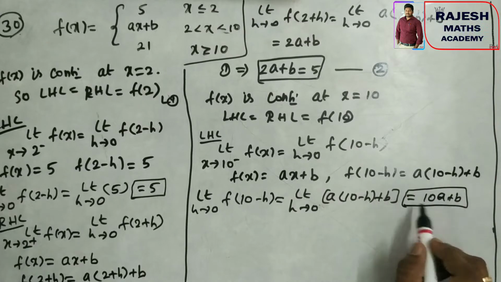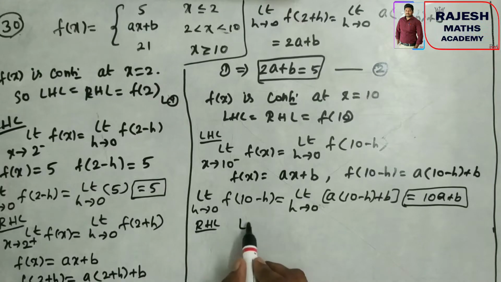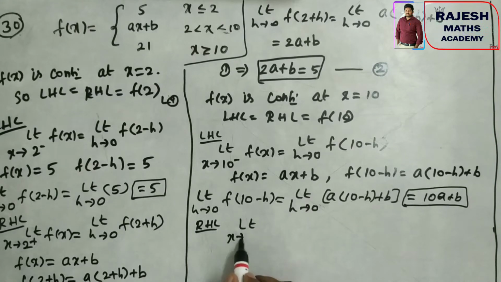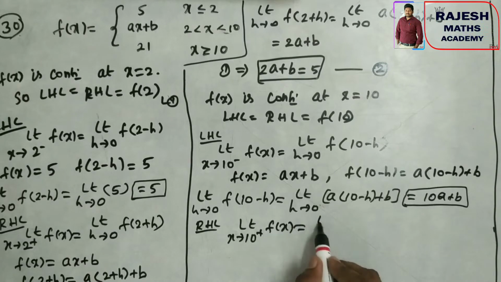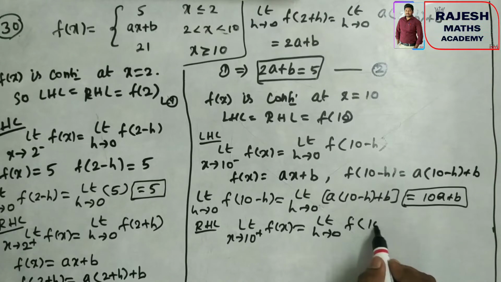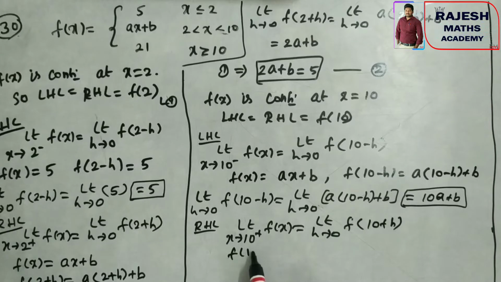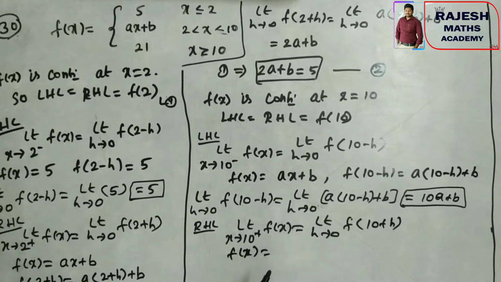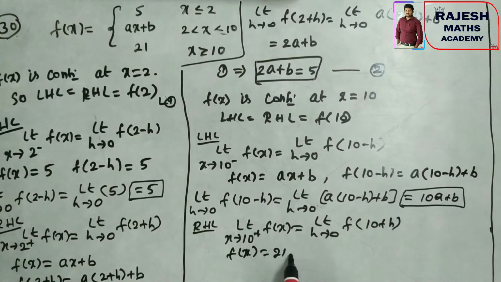Clear? So now find RHL at x equal to 10. Definition of right hand limit: limit x tends to 10 plus f of x is equal to limit h tends to 0 f of 10 plus h. So what is the value of f of x in this case? In the greater than 10 case, f of x is equal to 21.